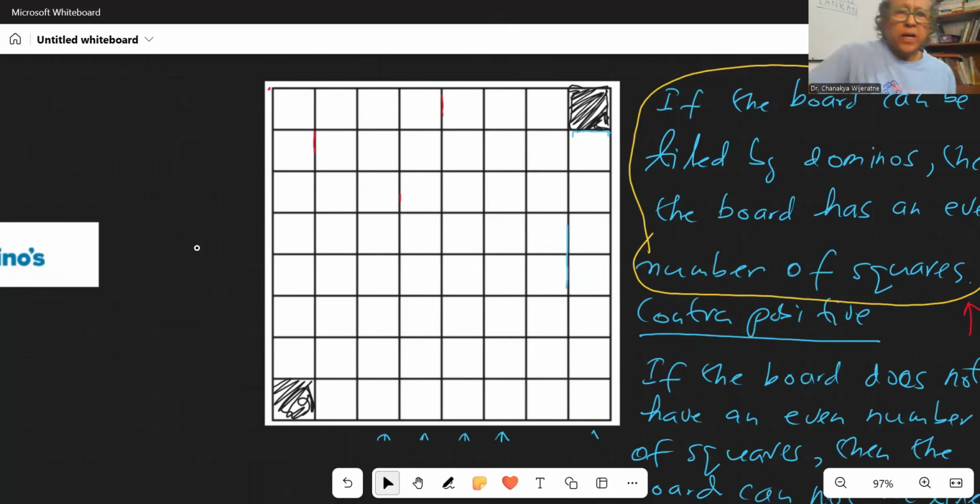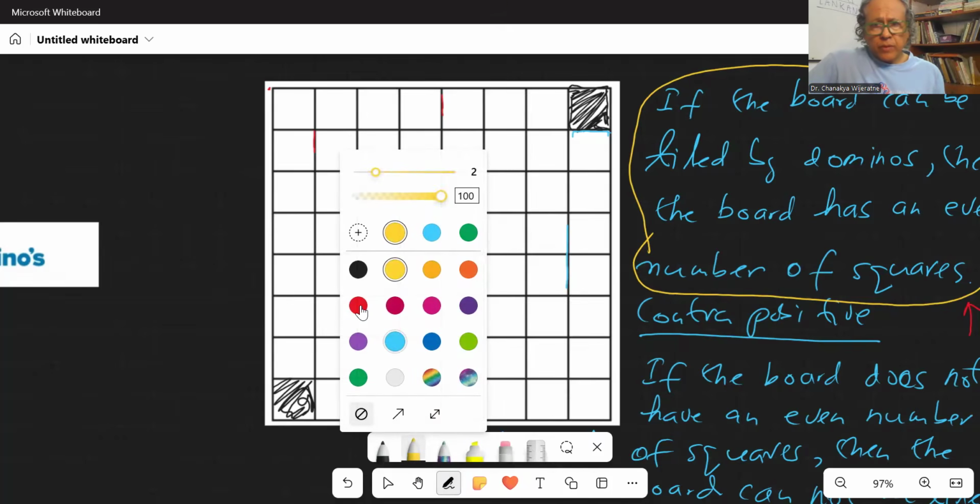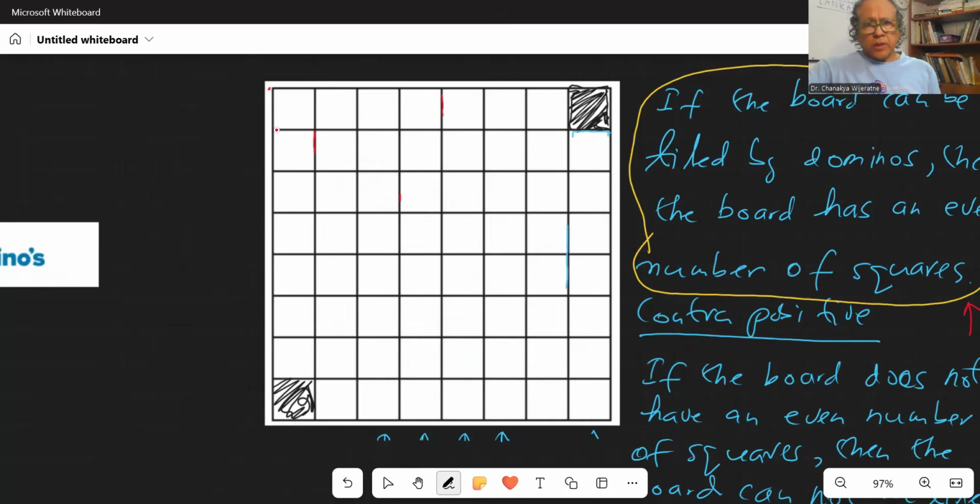So we can try, maybe like this. We can divide this into smaller boards, subboards, and try, right? So if we divide this board into this subboard outlined by these red lines and the rest, right?